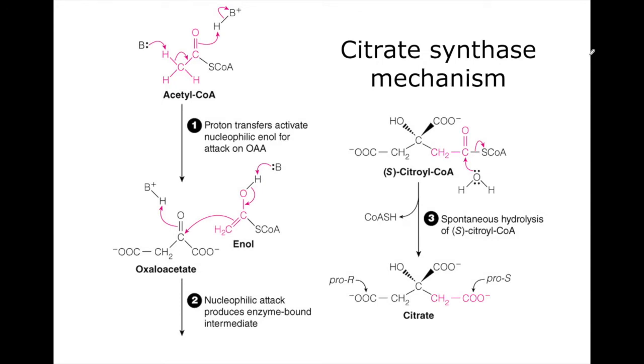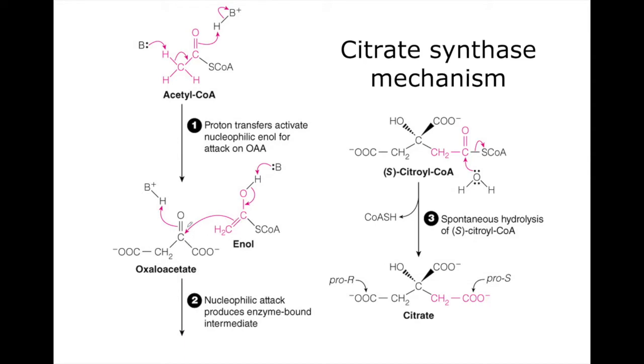So let's just look briefly at the mechanism for citrate synthase. Now, we don't have to understand all the steps here, but essentially, we have our acetyl-CoA. The acetyl-CoA is reacted with a base in the active site in order to form a more reactive enol.